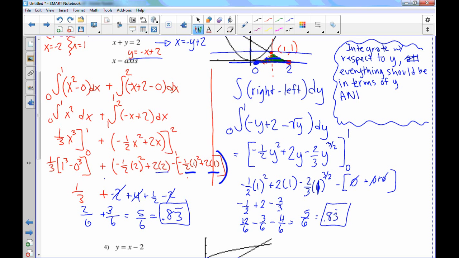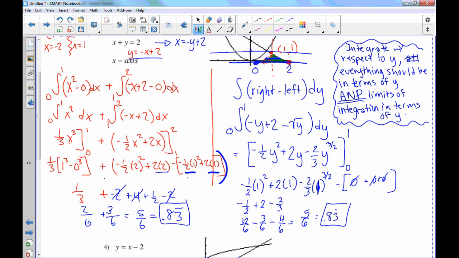And something you need to remember is your limits should be in terms of y as well. So make sure you have y variables in your function that you have to do the derivative of, and your limits of integration you do in terms of y.